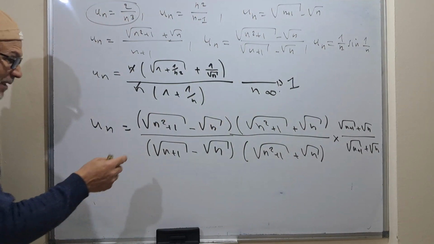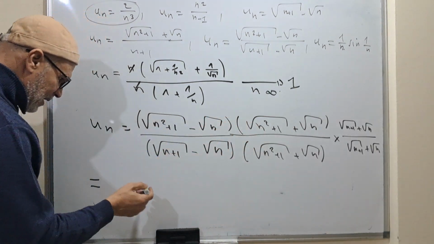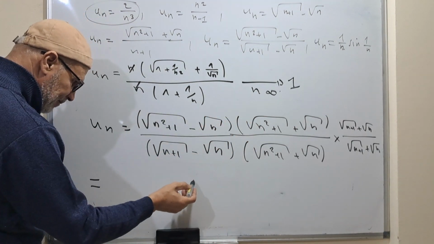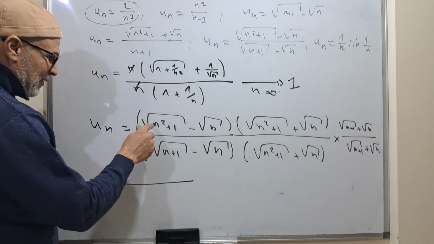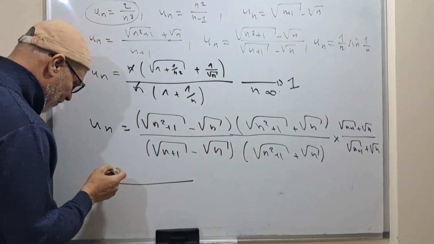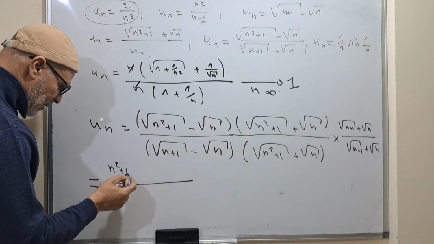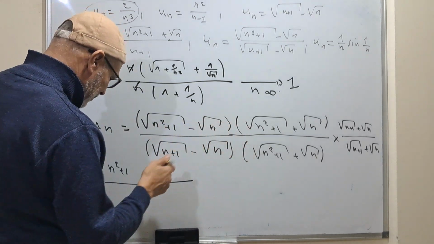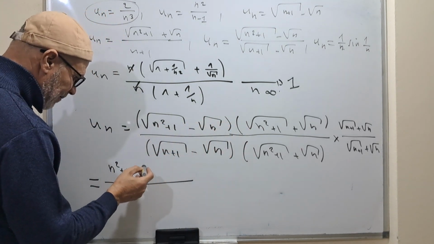which is equal, it gives us n square plus 1 minus n.